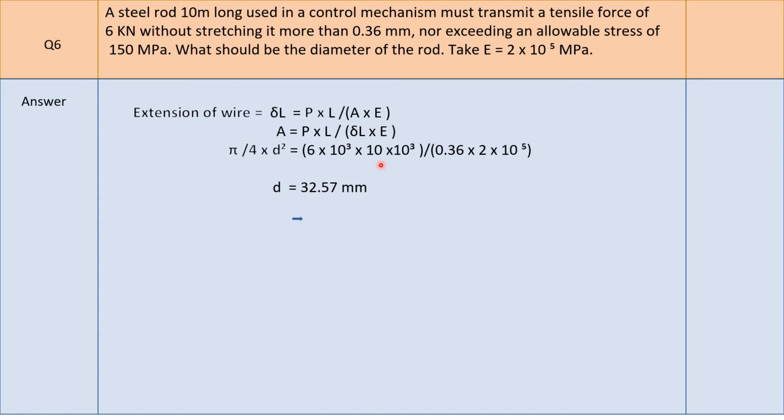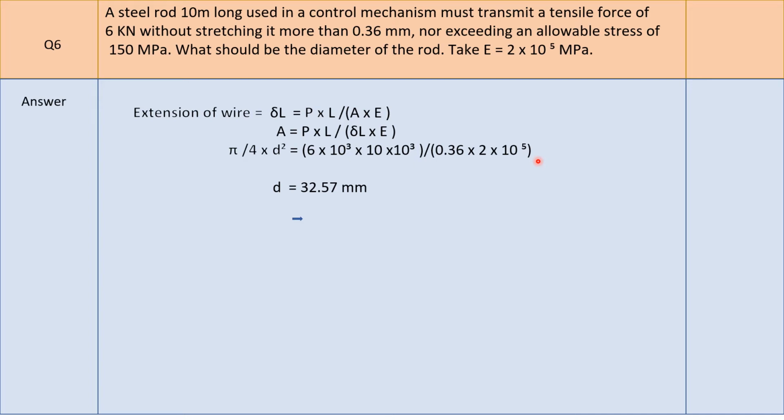Convert it into mm, so it will become 10 into 10 raised to 3 divided by delta L, that is the extension given is 0.36, so 0.36 mm, substitute here. E is 2 into 10 raised to 5, substitute the value here, put the bracket in the top here and again put the bracket here in the denominator. Always put the bracket at the top and the bottom, numerator and the denominator, so that your answer doesn't go wrong.